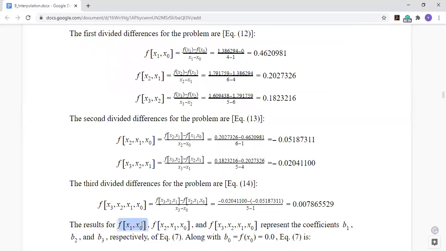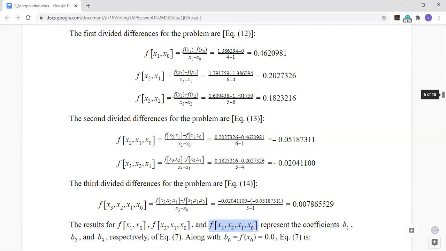You already have B0, so no need to calculate that. This is going to be your B1, this is your B2, and this is your B3. The first value of the first divided difference is your B1. The first value of the second divided difference is your B2. The first value of the third divided difference is your B3.